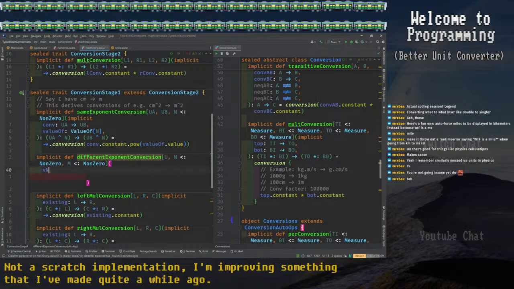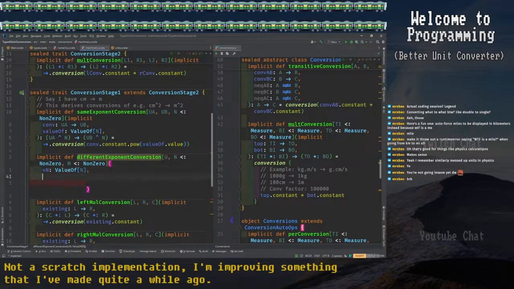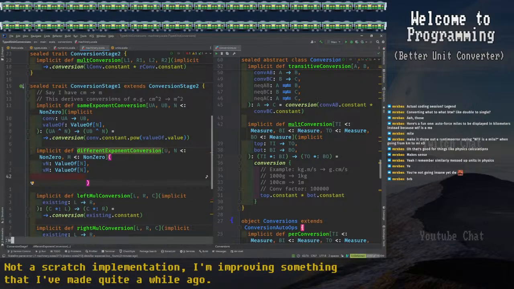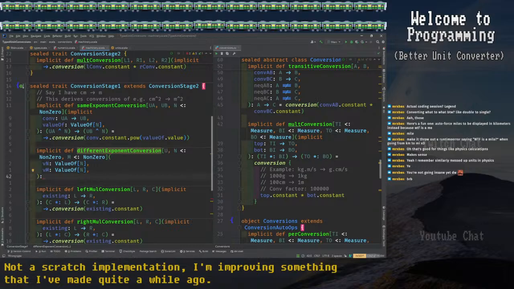N and M. Where this is going to auto-derive, oh my god, conversions of U to the power of N to U to the power of M.